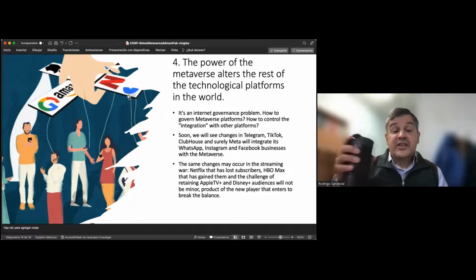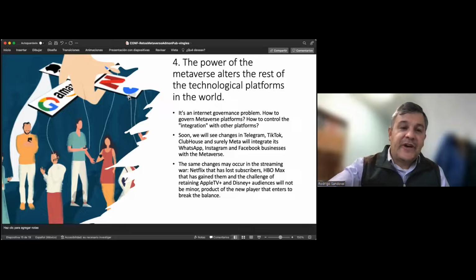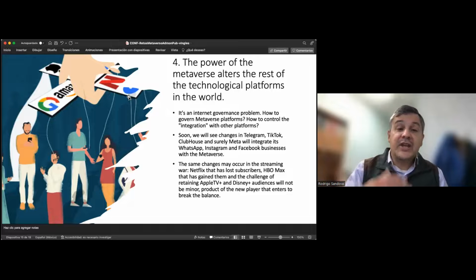Is modifying the streaming, is modifying the competition between the largest competitors like Alphabet, Google, like Meta, like Alibaba, like any other competitors in the world. And these competitors want a piece of that cake that we call the metaverse.